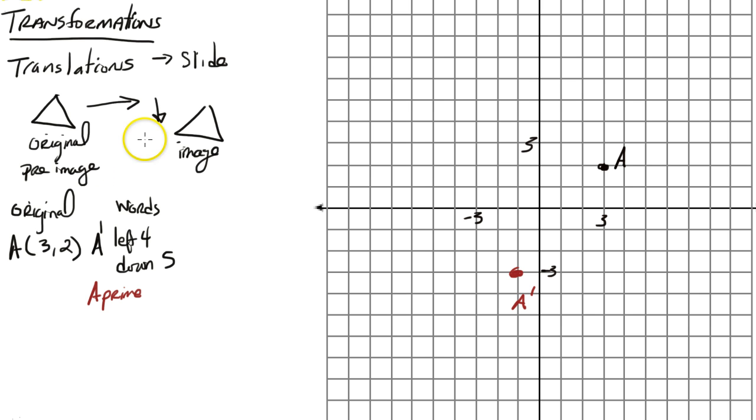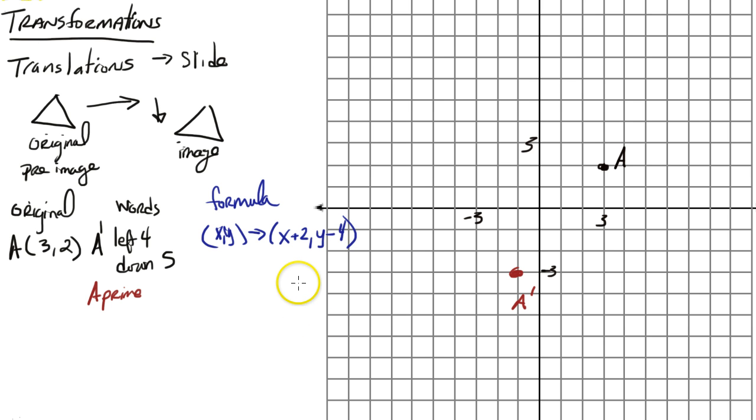We do it again. This time we can use a formula. Sometimes you see the formula. It would be something like this: (x, y) goes to (x plus 2, y minus 4).